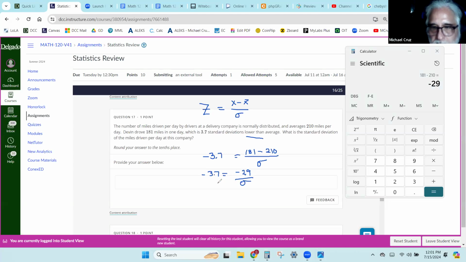And an easy way to solve this is over 1, so we can just kind of multiply across. So it'd be negative 3.7. Oops, I need to just put the little sigma thing. So there's our variable there that we don't know.